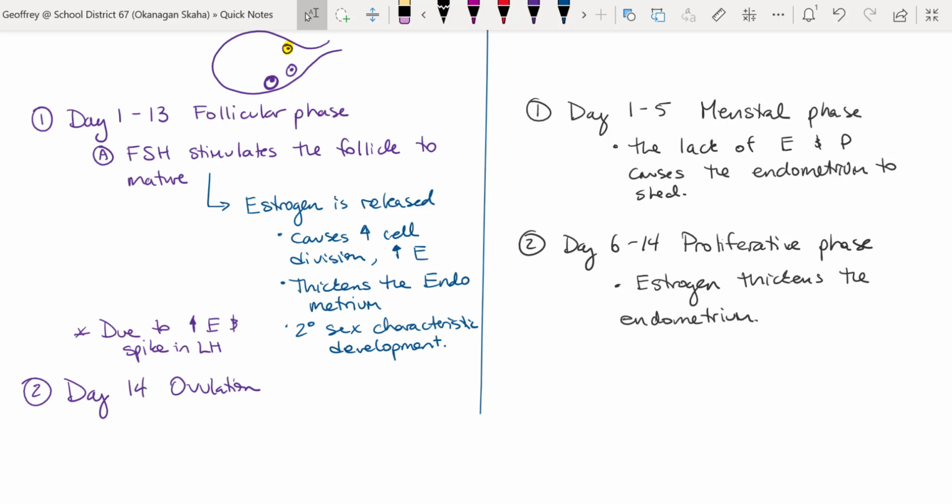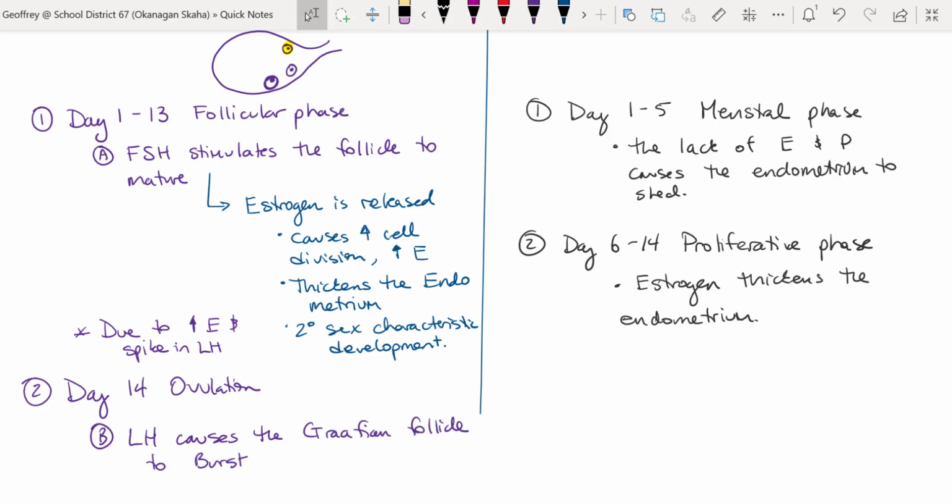And what happens is that once it gets past a threshold, it turns on the anterior pituitary to release more LH, and that causes the follicle to burst. What we have is LH, luteinizing hormone, causes the Graafian follicle, which is a mature follicle, to burst.